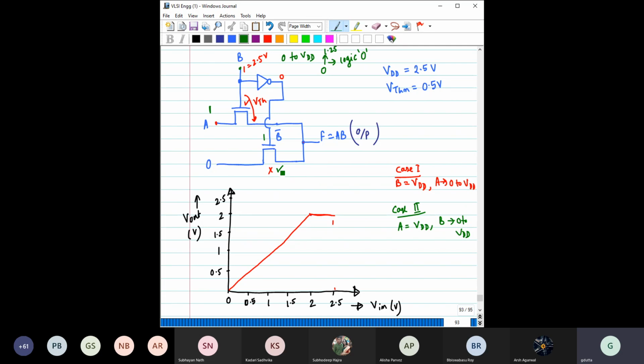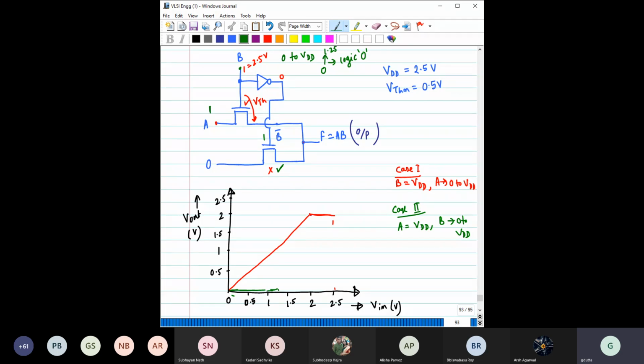Let us discuss one by one. So this transistor is on. This is already zero, so it has been shorted with this zero. Then till around 1.25, it should be near about zero.